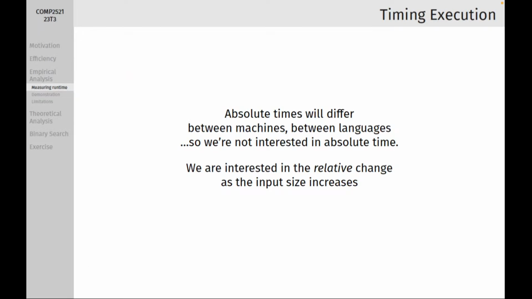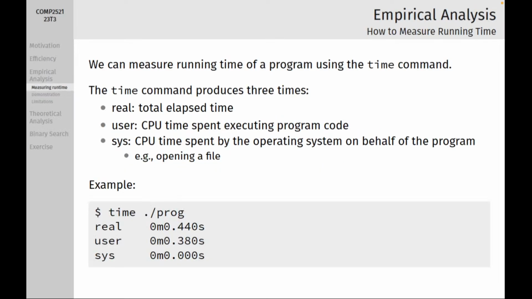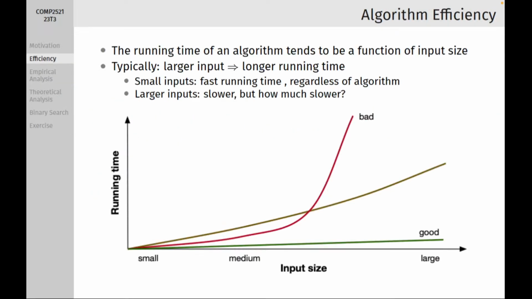Okay, so when we measure program runtime, we want to figure out what kind of trends the runtime has. So if we just measure the program runtime with one input or one input size, that's not going to tell us much. So look at this graph.